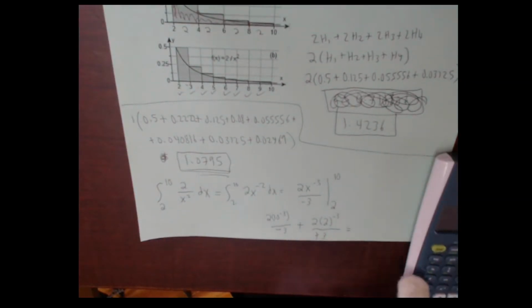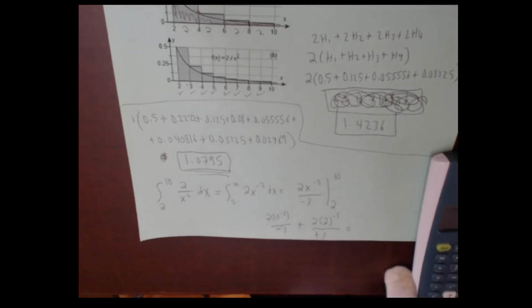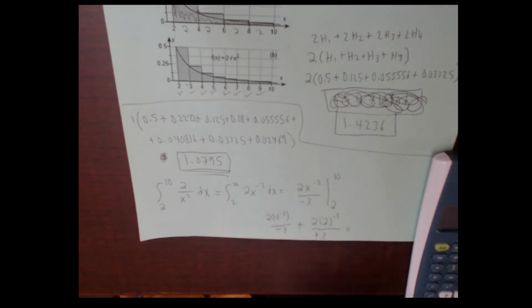Let's do this. I'm going to move the 10 to the 3 down. So negative 2 divided by 10 to the 3, which is just 1,000, times 3, oops, try that one more time, 2 divided by 3,000, and I need this to be negative, plus 2 divided by 2 times 2 times 2 is 8, times 3 is 24.